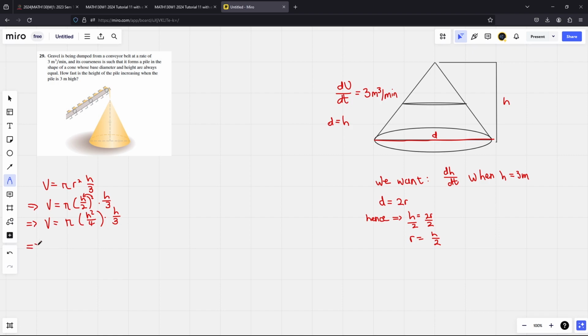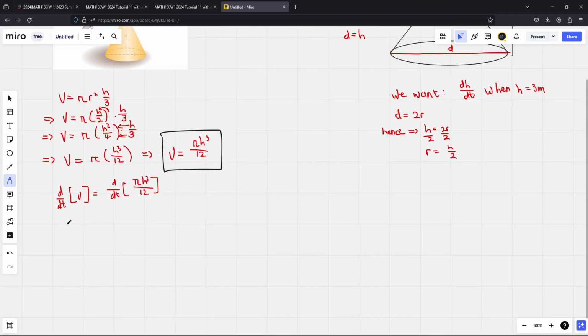Multiplying this in, we get pi h cubed all over 4 times 3, which is just 12. So we can rewrite this as V is equal to pi h cubed all over 12, and this is our final volume equation.